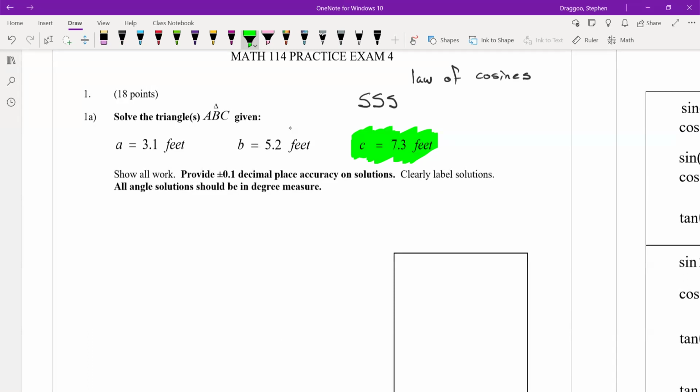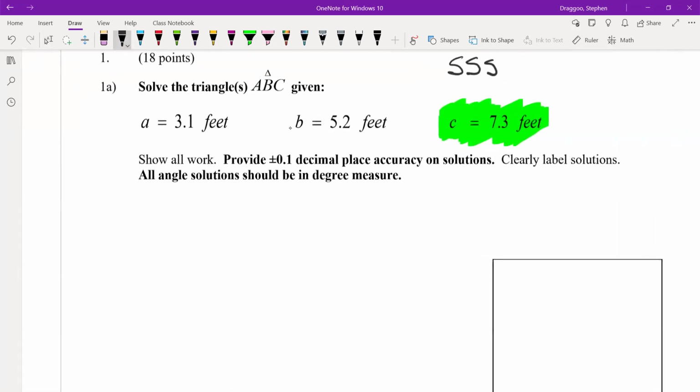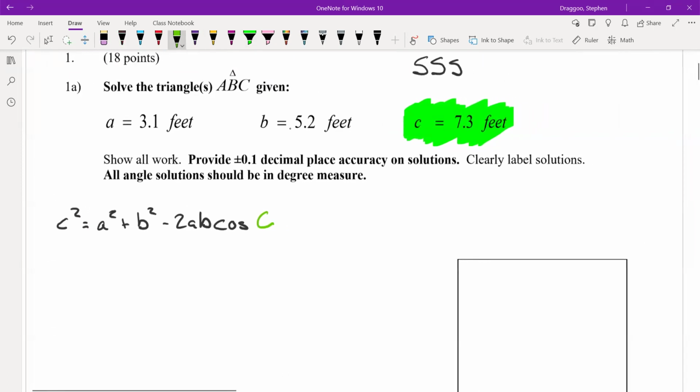So I'm going to solve for angle C first, which means I want to set up my law of cosines formula for angle C. I could just go to the formula sheet and get that, but it is a squared plus b squared minus 2ab cosine of angle C. Because again, we want to solve largest angle first. Just write it: solve largest angle first.